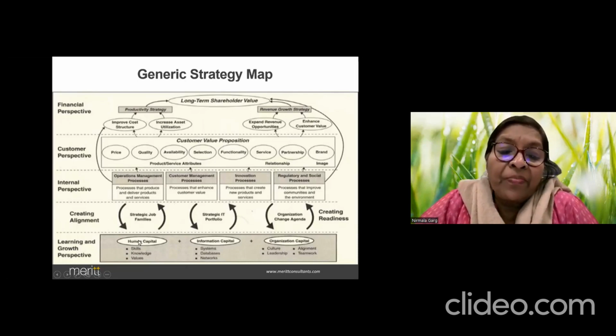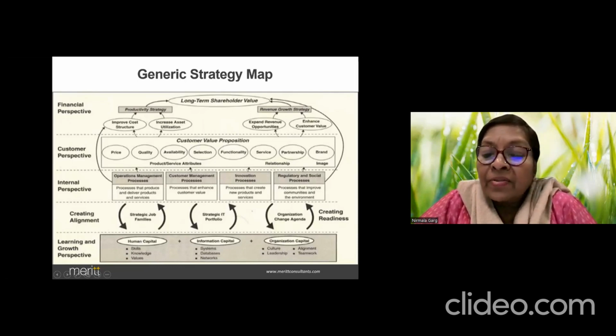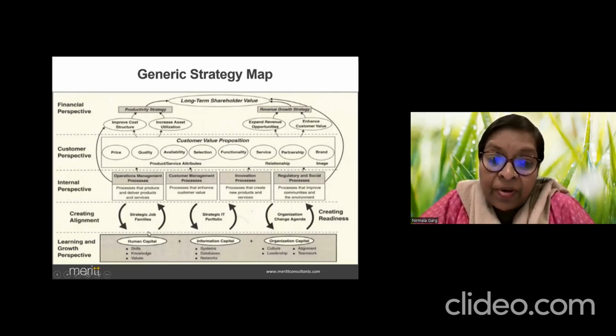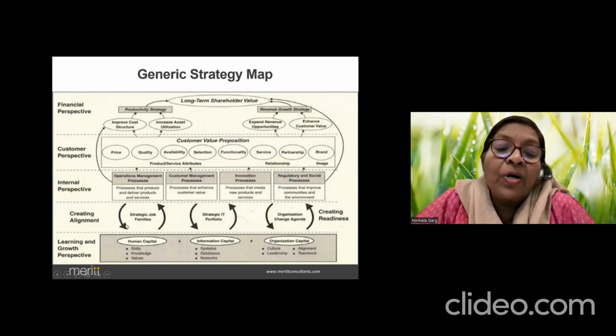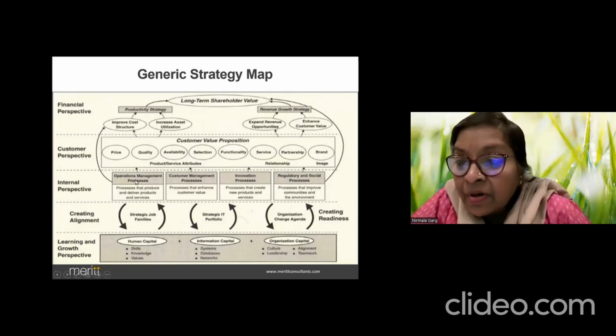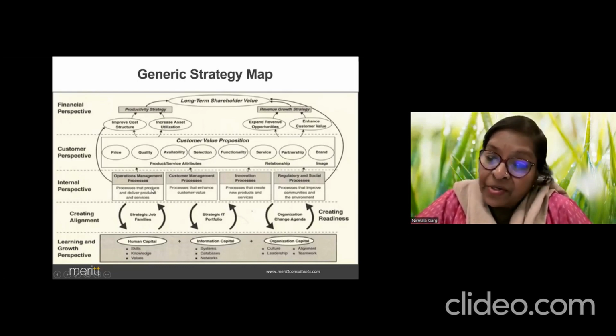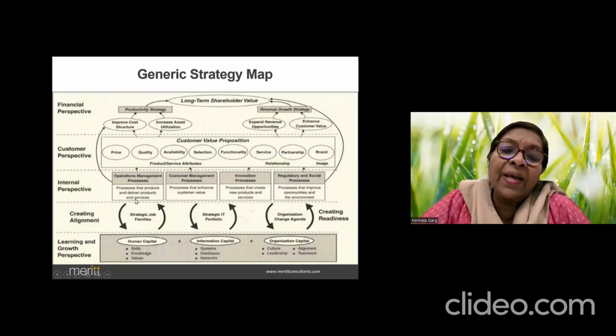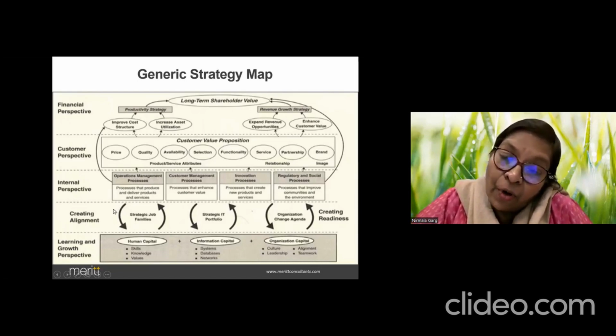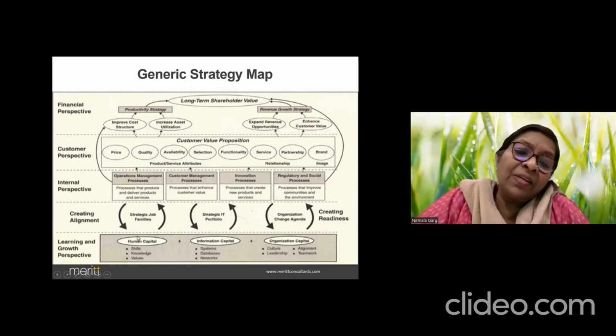That means if you have the required human capital, information capital, and organization capital, which means the skill, knowledge, values, the technology, and the culture and the leadership, then you are able to drive the processes better and bring about operational efficiency. So you are creating an alignment. And how do you create an alignment? By actually drawing those arrows.